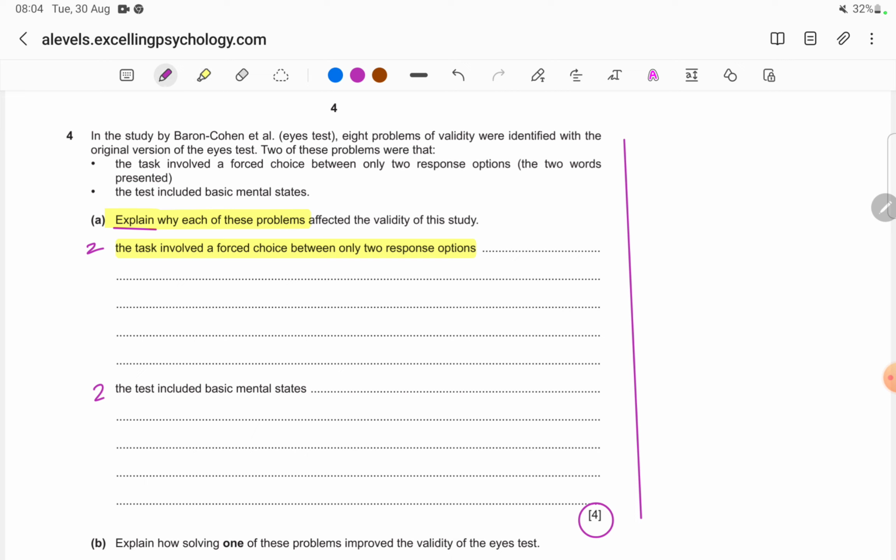Here what we can think about is, in general, what if there's a forced choice question? How does that influence validity? The good thing about a forced choice question we know is that participants have to select from one of 2 response options, so they cannot hide what is on their mind.